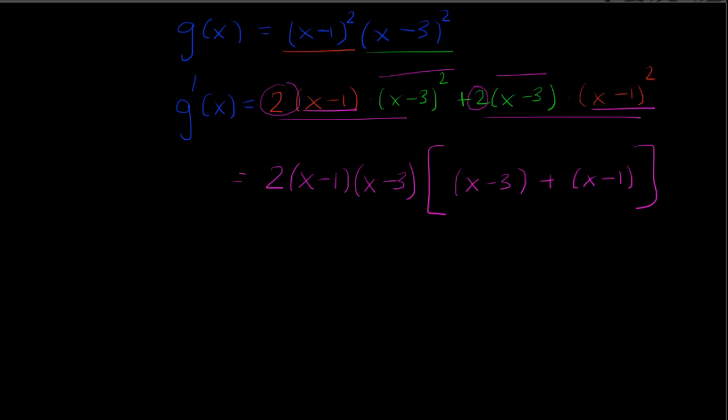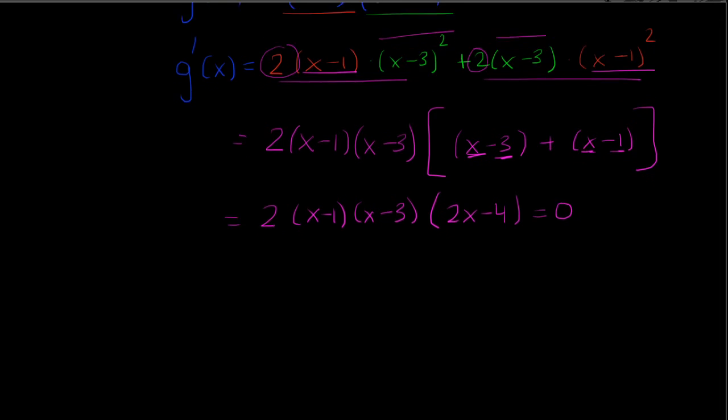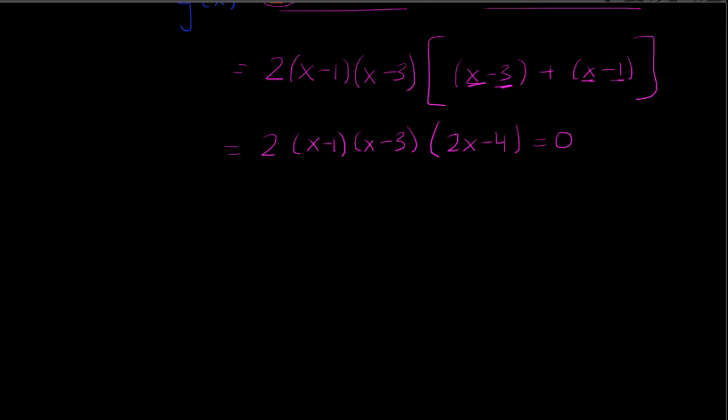Okay, simplifying this further, I have x plus x is 2x. Negative 3 plus negative 1 is negative 4. And we're going to set this equal to 0. Each one of these factors is going to be set equal to 0. I can ignore the 2, and if you really want, you could just divide it to the other side.